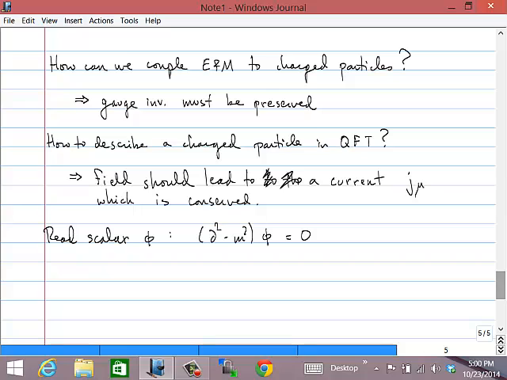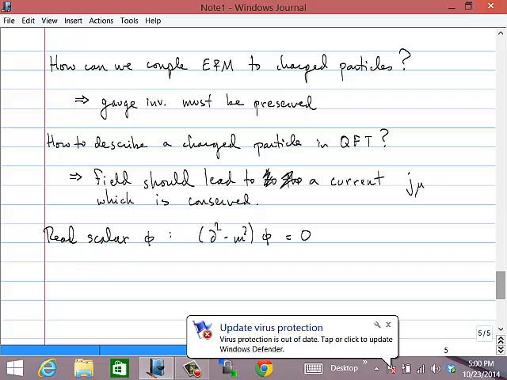The simplest theory from which we can construct a conserved current is not a real scalar field, but a complex scalar field. As you saw in one of the earliest problem sets in this course, a complex scalar field is just a fancy name for two real scalar fields.